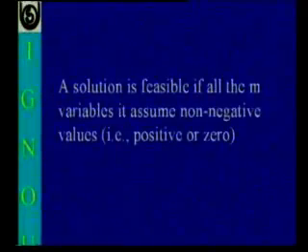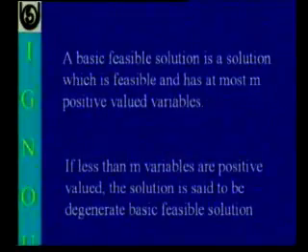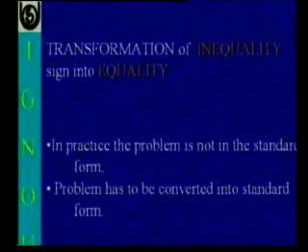A solution is feasible if all variables assume non-negative values, that is, greater than or equal to 0. A basic feasible solution is a solution which is feasible and has at most m positive values of variables. If fewer than m values are positive, then the solution is called a degenerate basic feasible solution.